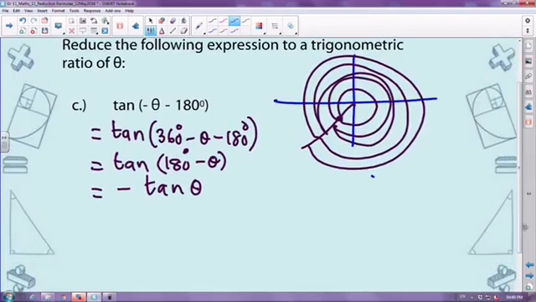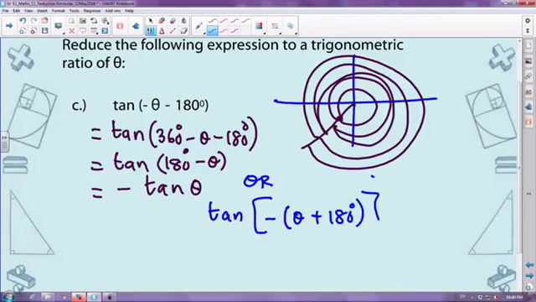All right. Now, the complicated way of looking at it is when you have your tan, you take a negative out, you've got theta plus 180 degrees. Now, you deal with the negative first. Let's say this is negative k.